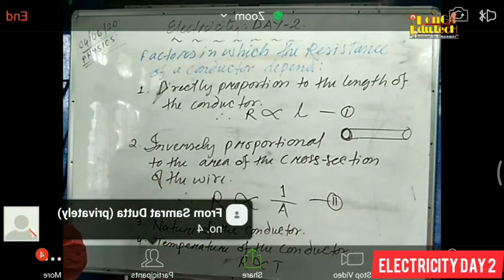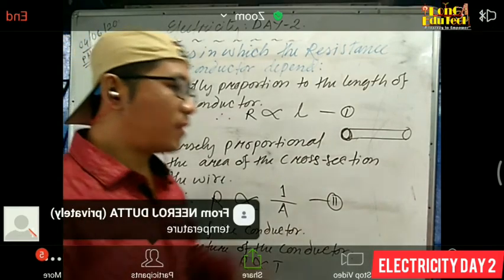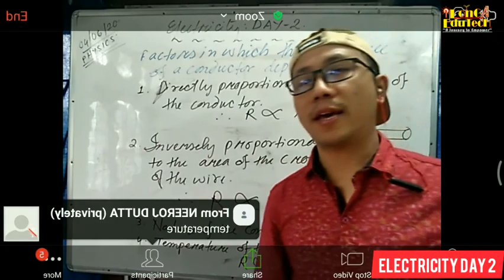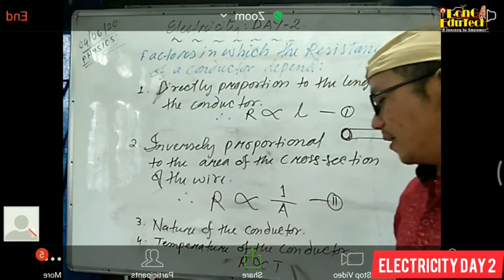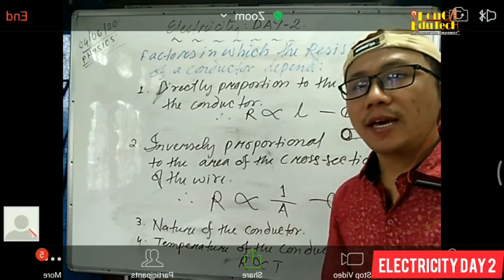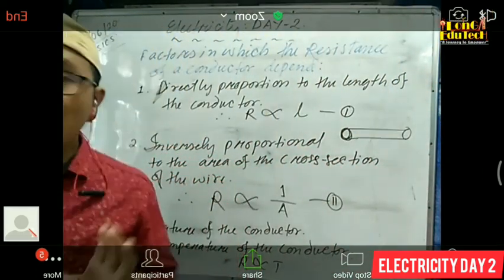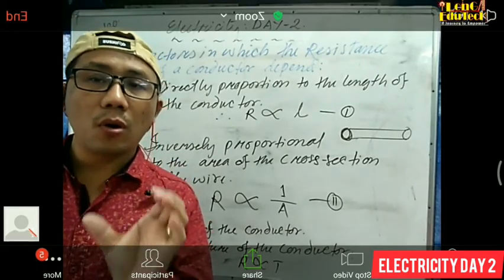Okay, temperature of the conductor. When the temperature is increased, what happens? Its resistance also increases. Think that resistance opposes the flow of the current.